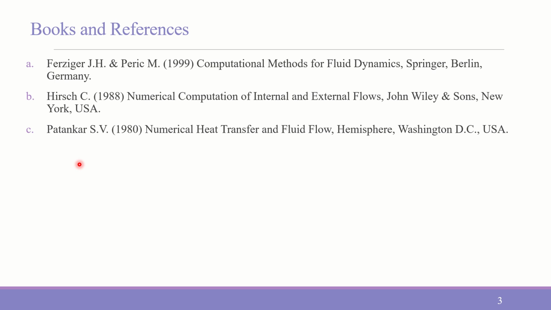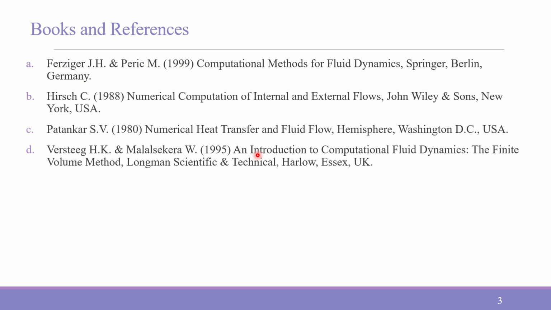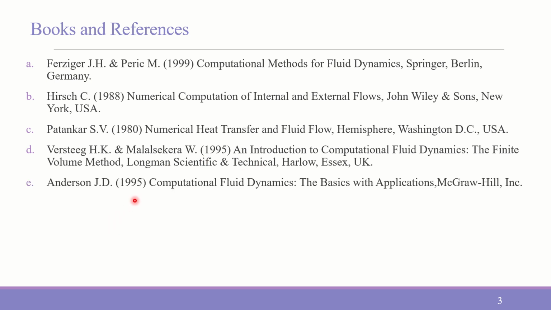And it is Patankar, S.V. 1980. Numerical Heat Transfer and Fluid Flow, Hemisphere, Washington, D.C., USA. And it is Versteeg, H.K. and Malalasekera, W. 1995. An Introduction to Computational Fluid Dynamics, the Finite Volume Method, Longman Scientific and Technical. Anderson, J.D. 1995. Computational Fluid Dynamics, the Basics with Applications, McGraw-Hill. So these are the 5 books for your reference.